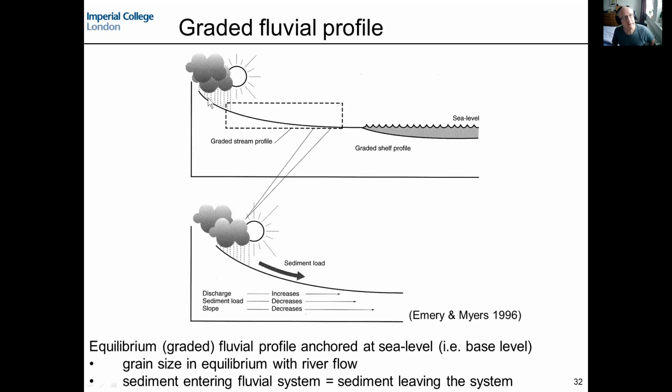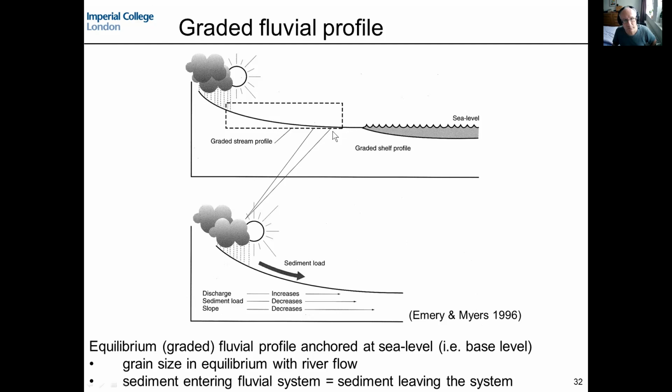Now, one thing that's shown here, and this is true in many conceptual models for fluvial systems, is that from the hinterland to the shoreline, we have a nice, smooth profile. Steep gradients in the mountains, in the hinterland, and that gradient gradually decreasing as we move towards the shoreline.